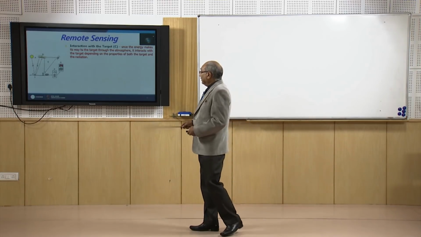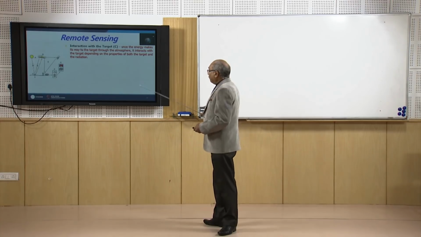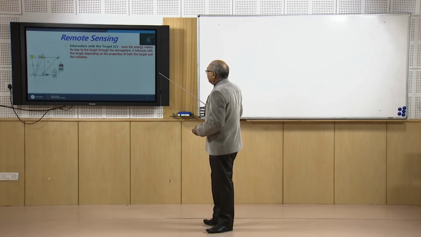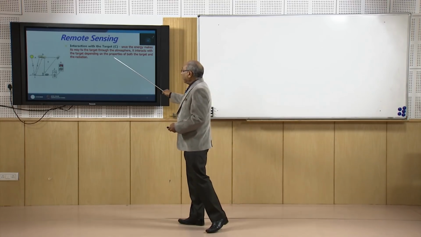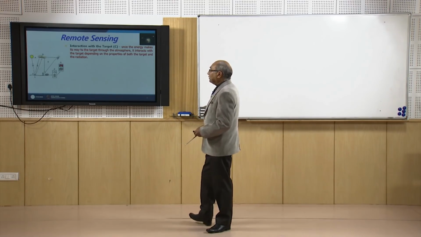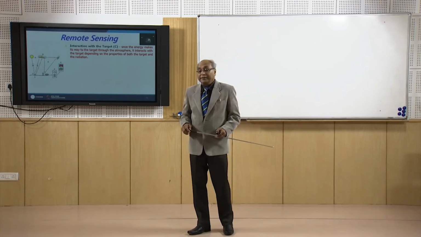Then the C component is the interaction with the target. Once the solar radiation hits the object, having made its way to the target through the atmosphere, it interacts with the target depending on the properties of both the target and the radiation.